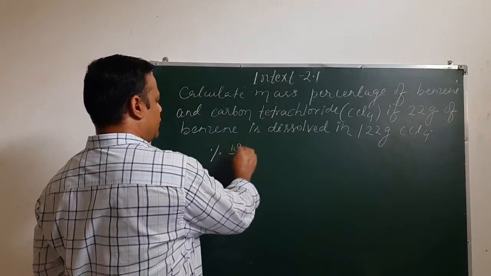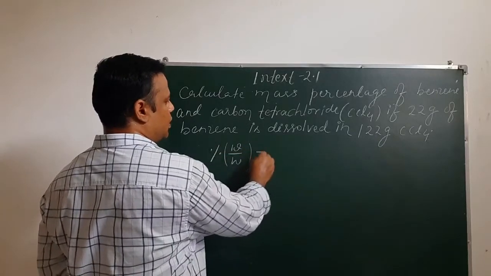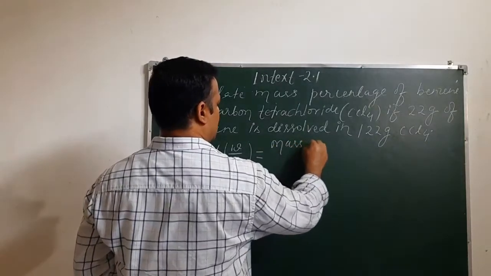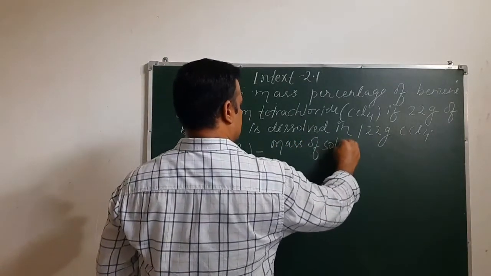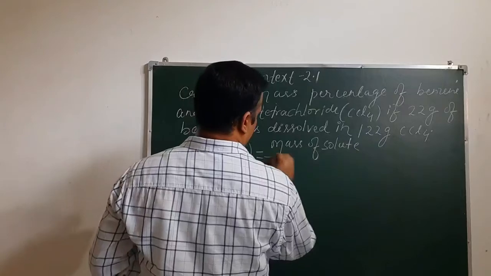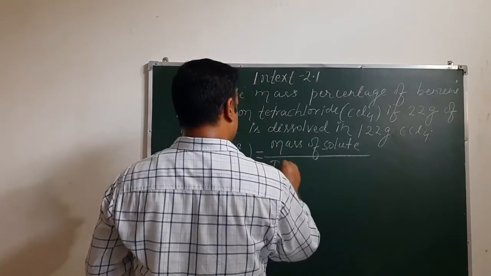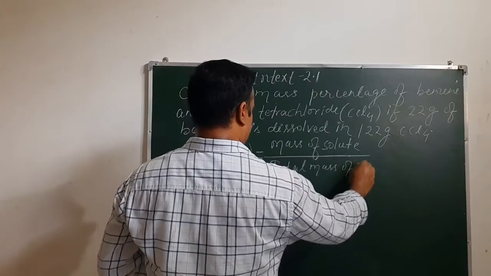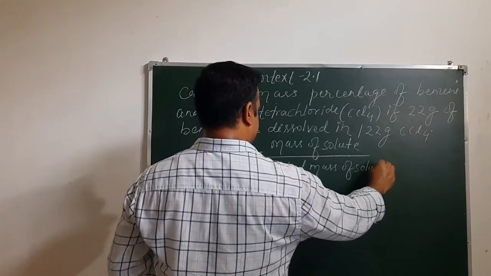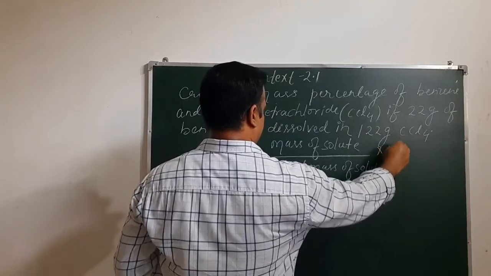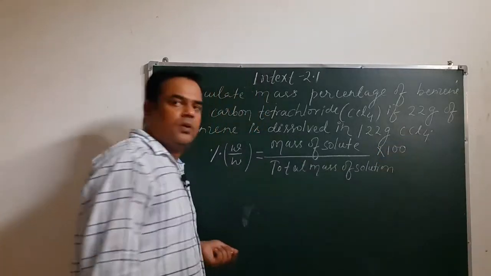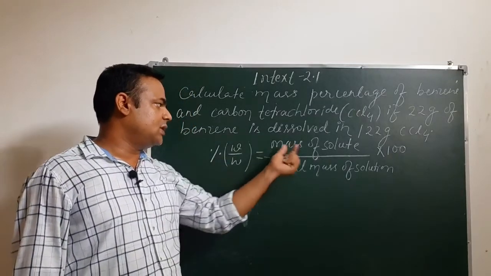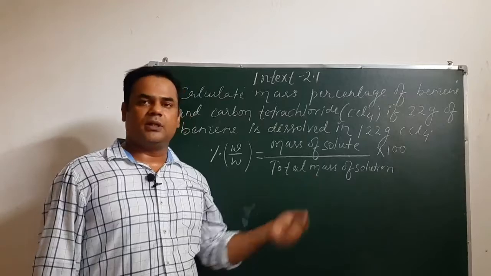Percentage W by W is equal to mass of solute divided by total mass of solution multiplied by 100, because we have to give the answer in percentage.